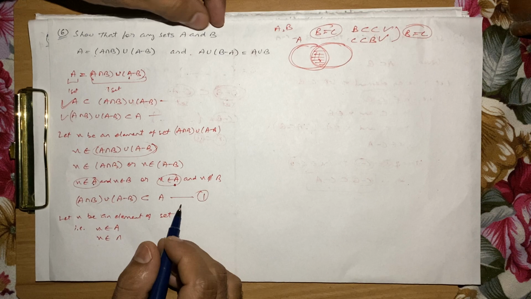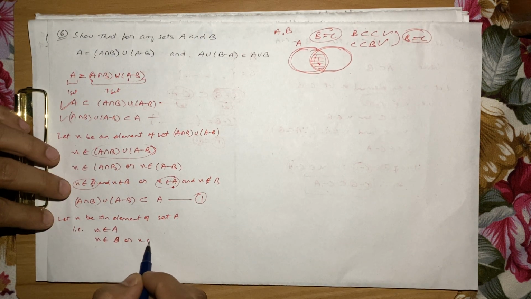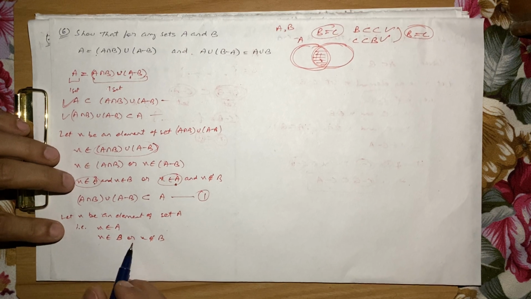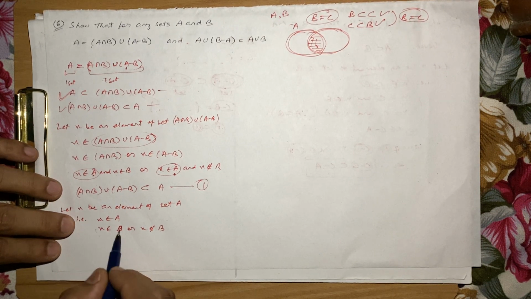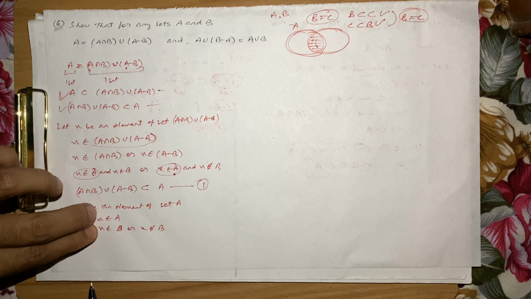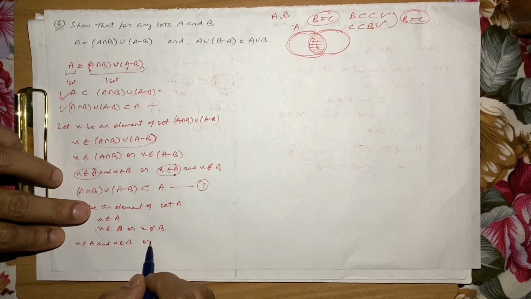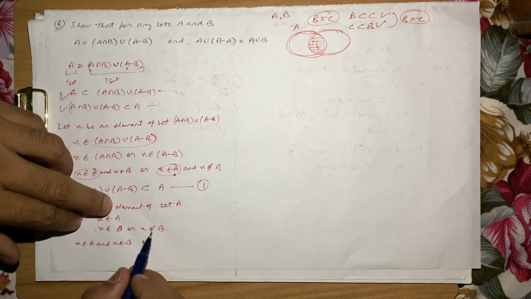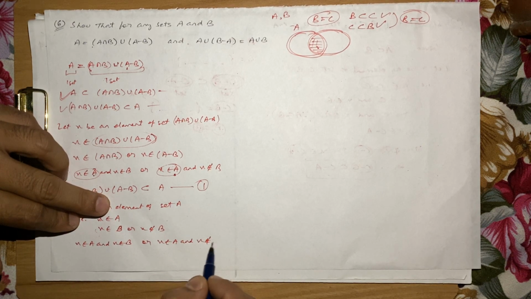Because there are two sets, A and B. So X may belong to B or X may not belong to B, right? These are two conditions. If I combine these two conditions, that is, X belongs to A and X belongs to B, and there will be an or, and X belongs to A and X does not belong to B, right?